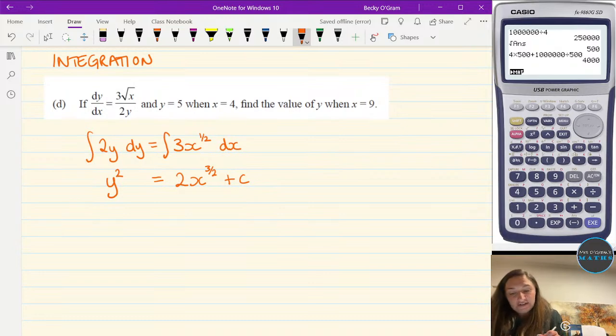Okay, so next is to use the information that we've got to work out the value of the c.